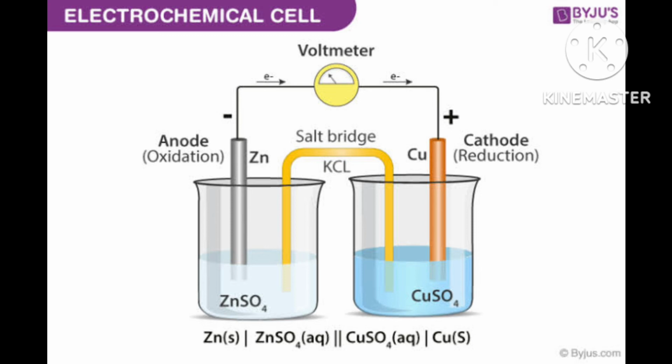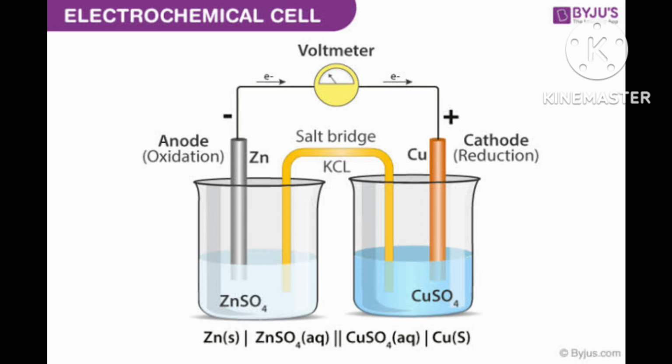And here oxidation, because it lost the electron. Potential also developed here, but this potential developed during oxidation, that's why it is called oxidation potential. So at the zinc electrode, oxidation potential, and at the copper electrode, reduction potential.